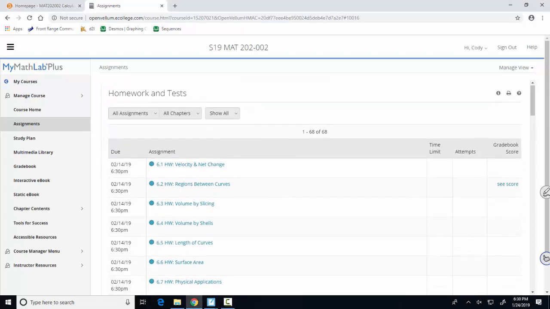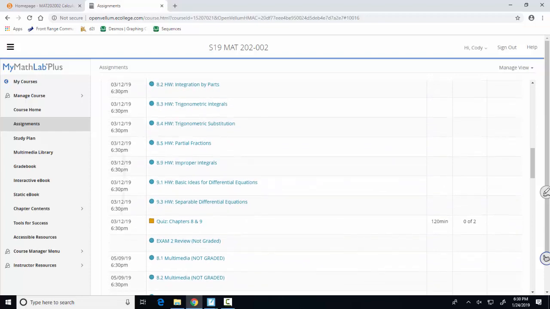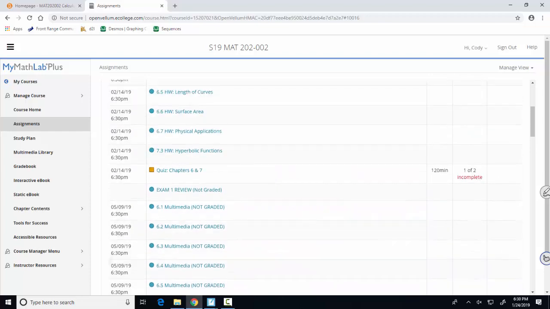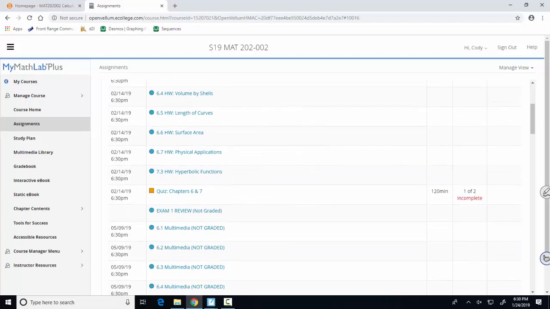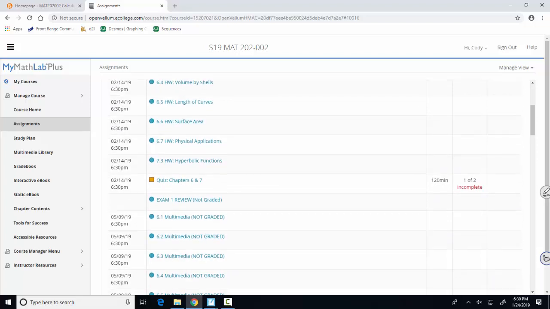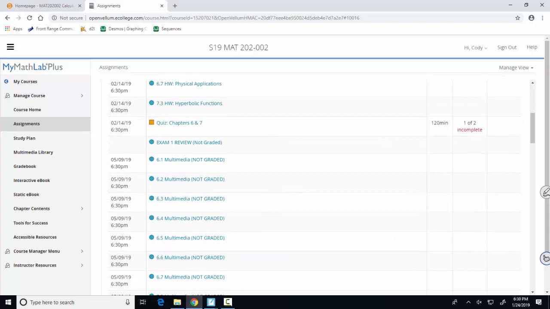I forgot to mention, well, maybe it's at the bottom. Okay. So at the bottom of each unit, we have our homework, then our quiz, and then our exam review that's not graded. But underneath that is all the multimedia from each section.